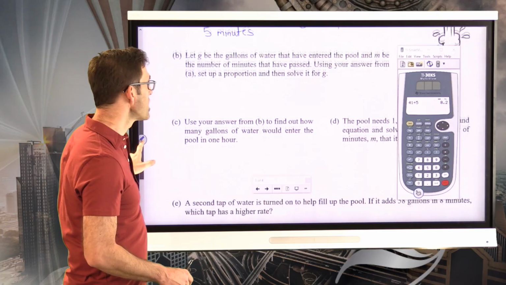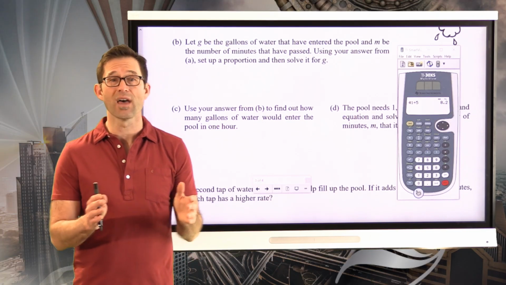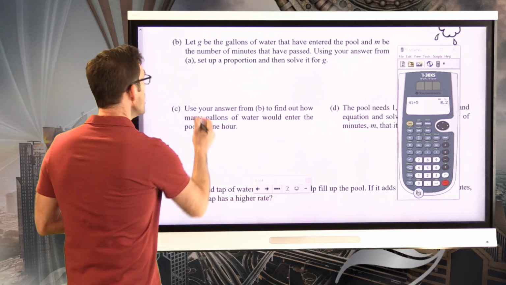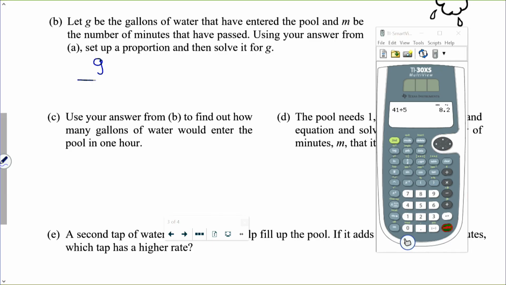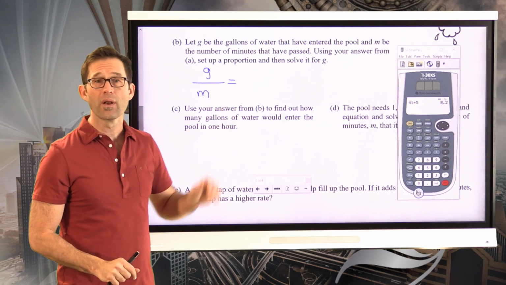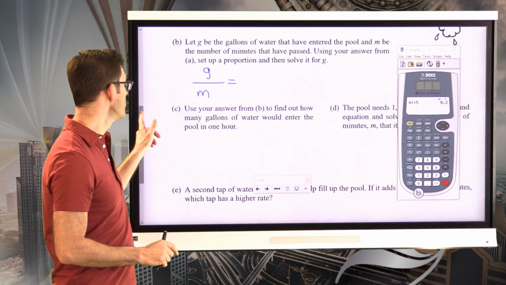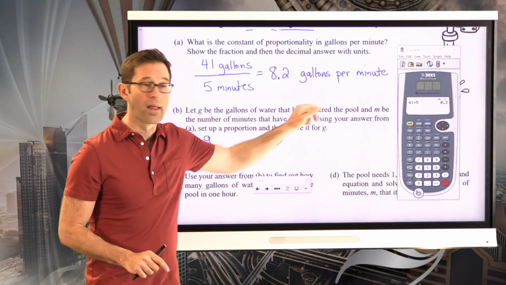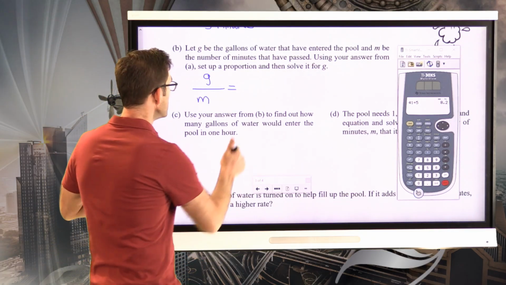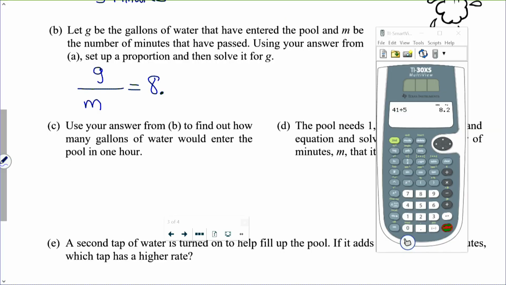All right. If we now want to set up an equation that relates G to M in general, it's very simple. We just kind of do the same ratio that we did before, except with variables instead of numbers, right? The number of gallons divided by the number of minutes will always be a constant. What will be that constant? 8.2 gallons per minute. So we can write G divided by M is equal to 8.2.